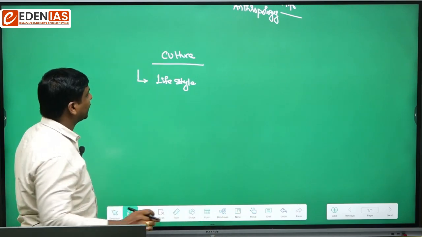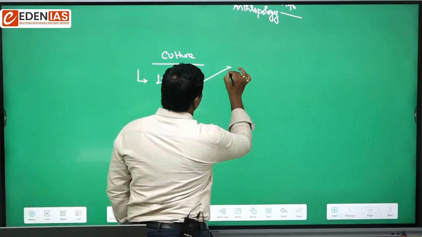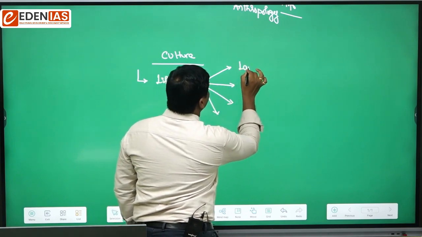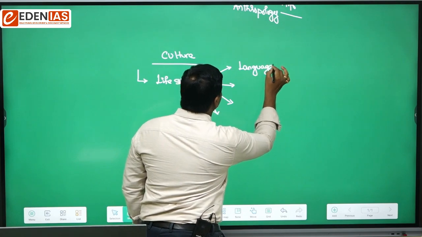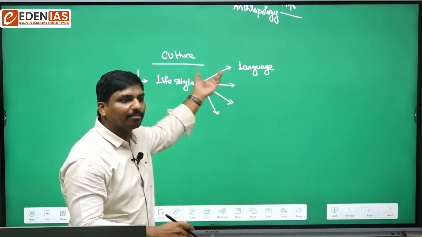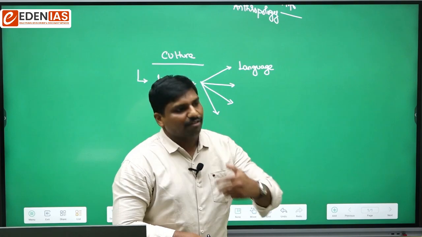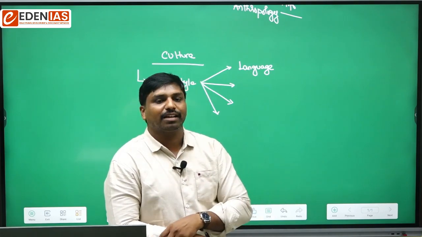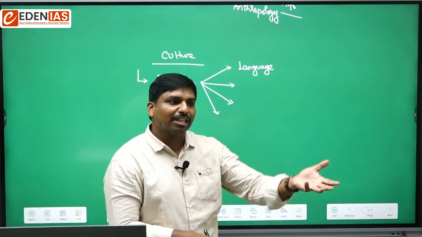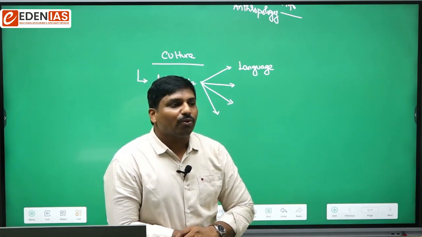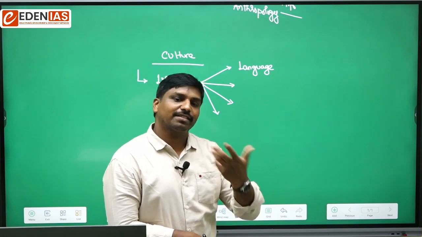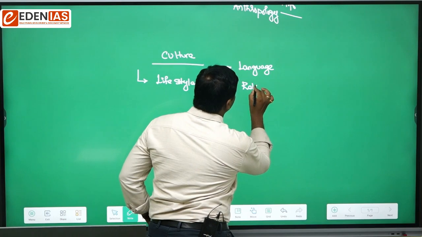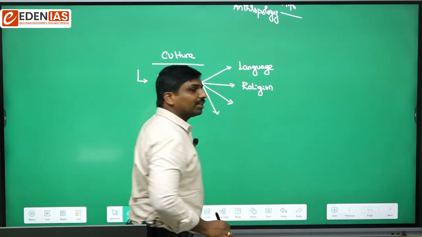From that perspective, culture consists of various aspects. For example, language is a cultural aspect. That means it would be part and parcel of his lifestyle. One may communicate in English, one may communicate in Hindi, another in Marathi, Gujarati, Telugu, Tamil, Kannada, right? So language is part and parcel of his lifestyle. Then one may systematically follow a particular religion.